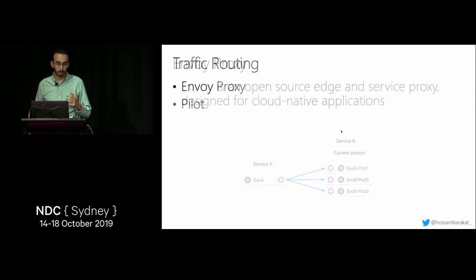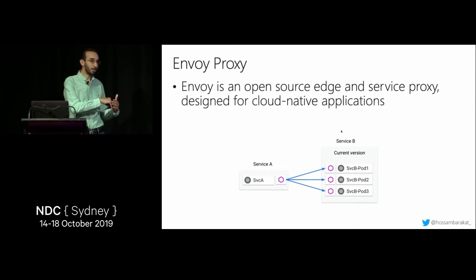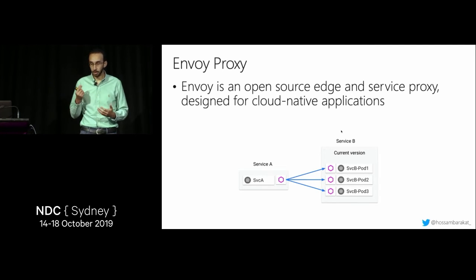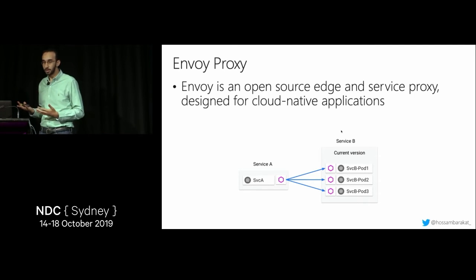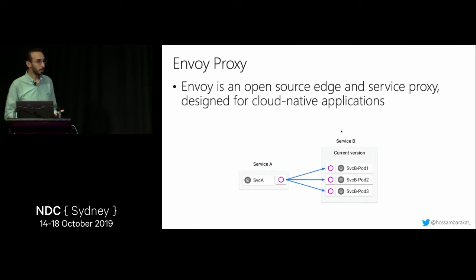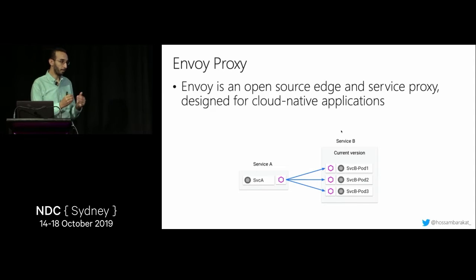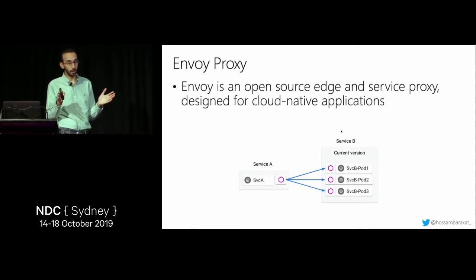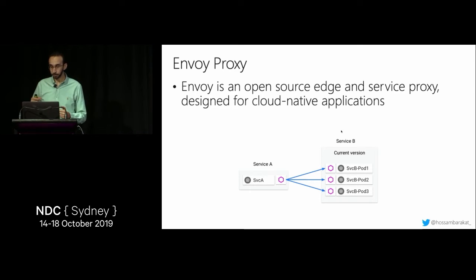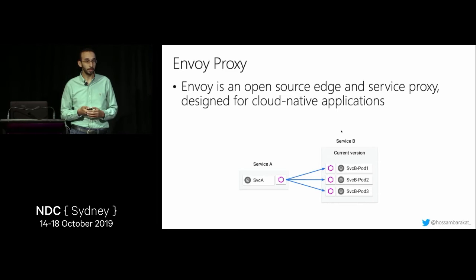Envoy Proxy is the sidecar proxy that gets injected into all of our pods. It's an open source service proxy, built from scratch to support cloud native applications. It's built using C++, so it has very good performance and a low memory footprint. It also doesn't add a lot of latency overhead for service-to-service communication.